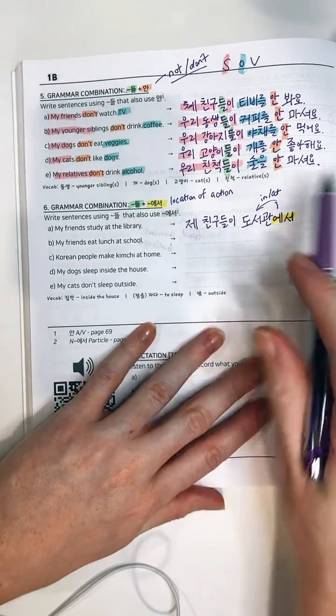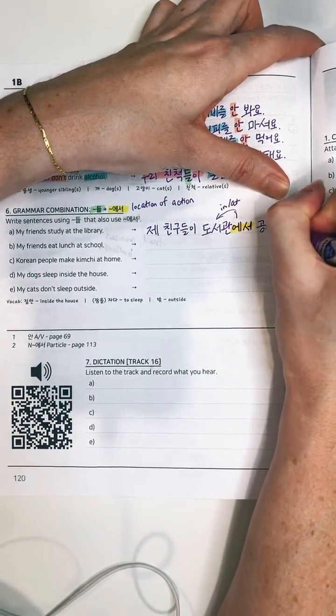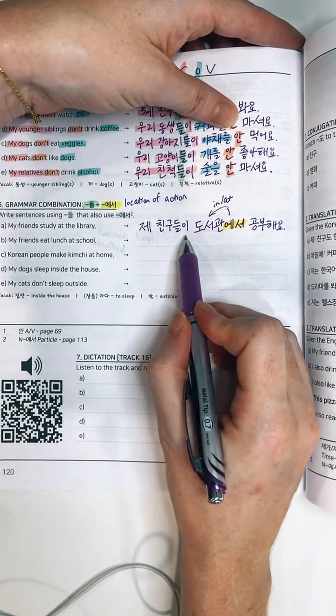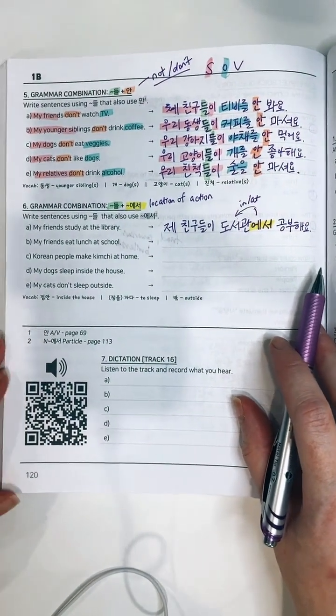They study. And study in Korean is 공부해요. 제 친구들이 도서관에서 공부해요. My friends study at the library.